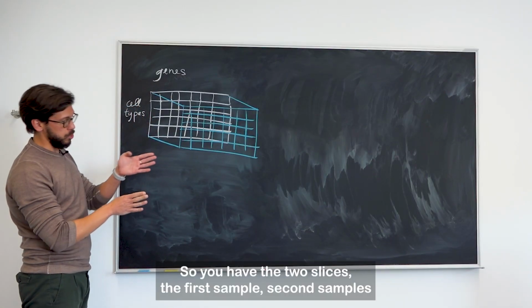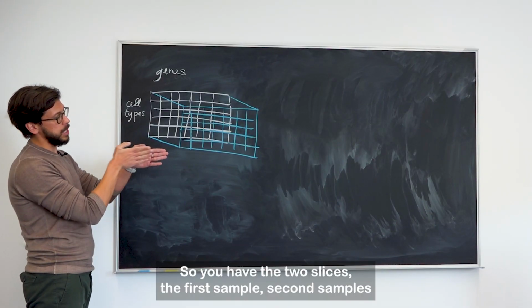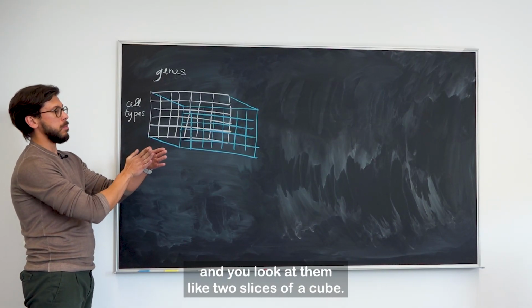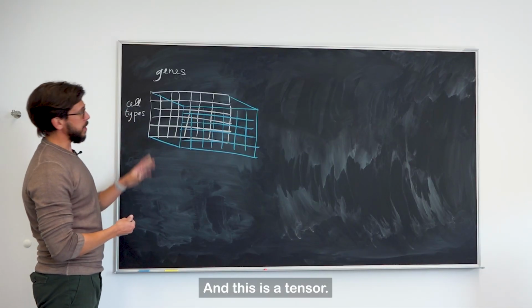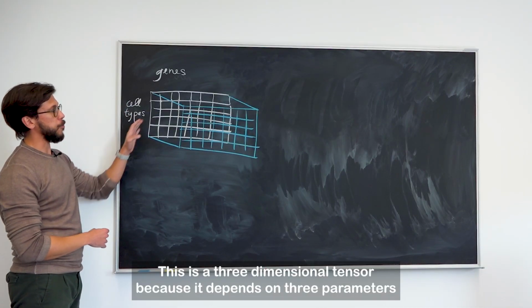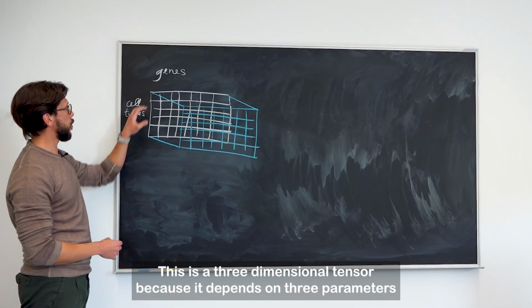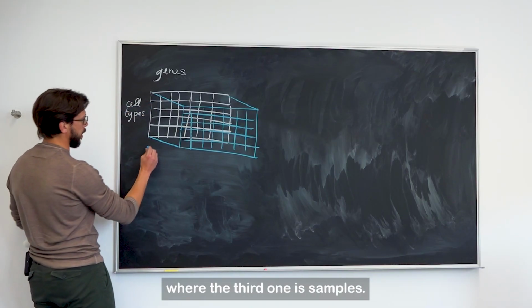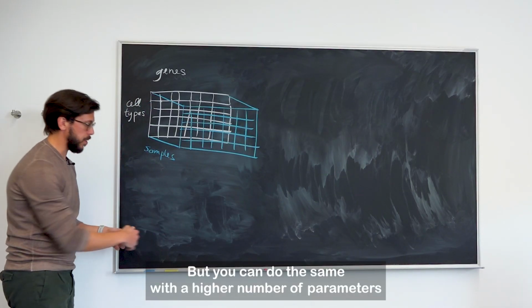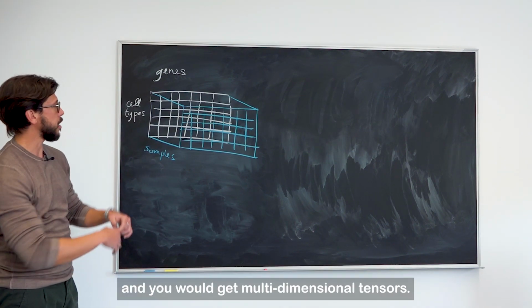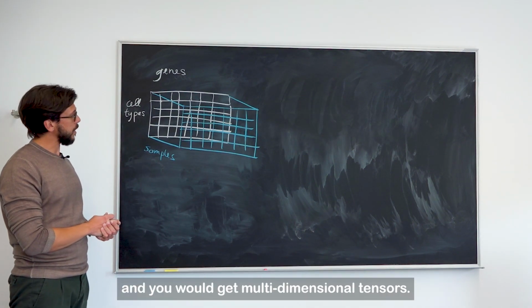So you have the two slices, the first sample, second sample, and you look at them like two slices of a cube. And this is a tensor. This is a three-dimensional tensor because it depends on three parameters, where the third one is samples. But you can do the same with a higher number of parameters and you would get multidimensional tensors.